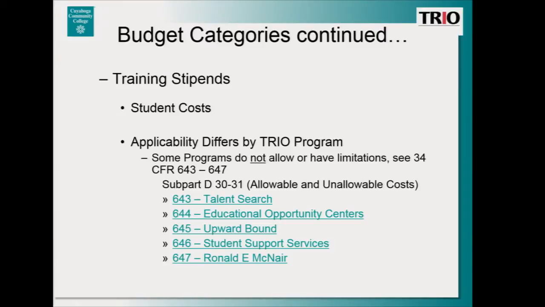As you can see, 643 is Talent Search, 644 is EOC, 645 includes Upward Bound Math and Science, and Veterans Upward Bound. 646 is Student Support Services, and 647 is Ronald E. McNair. These will be covered further down the road in allowable and unallowable costs in a separate module.